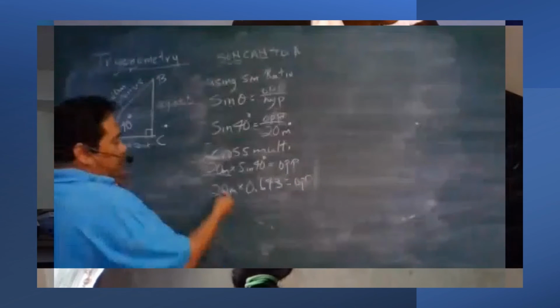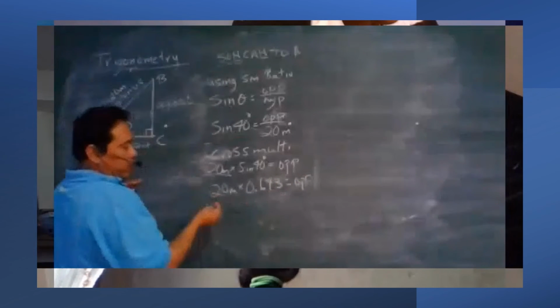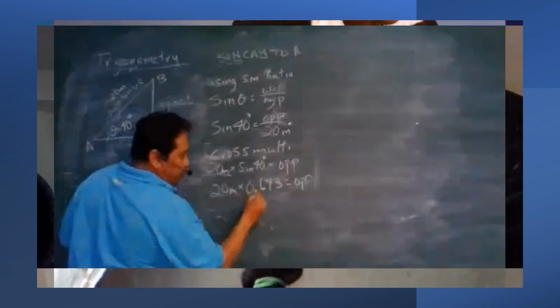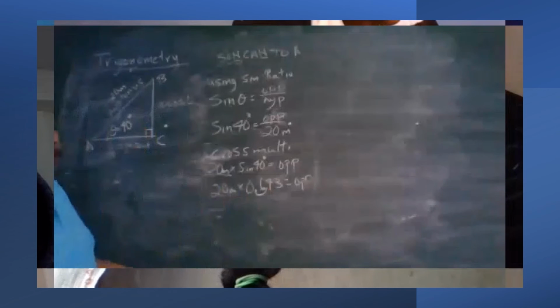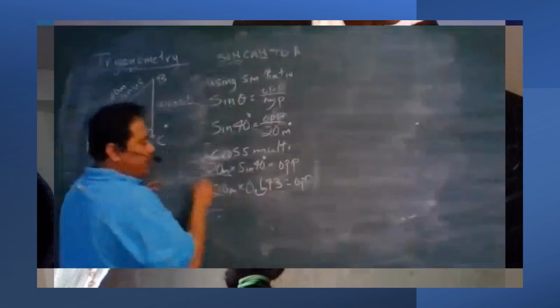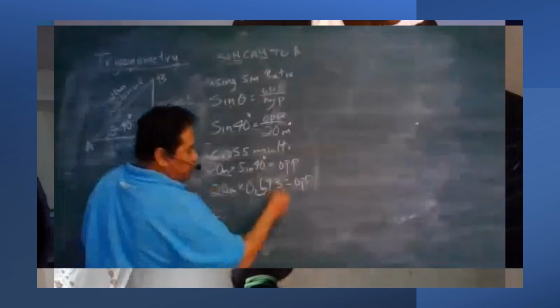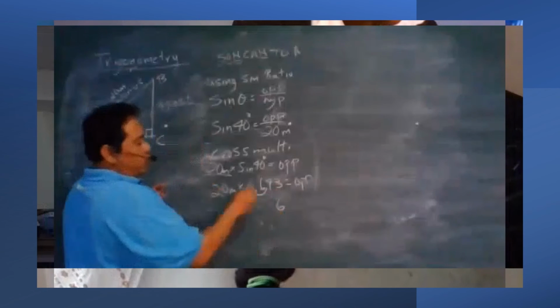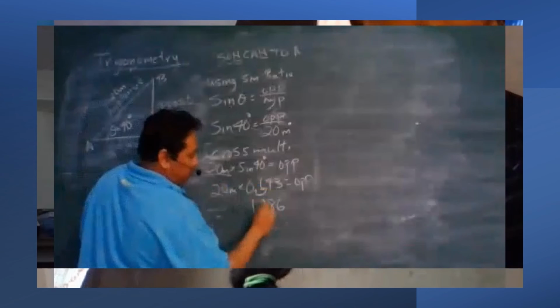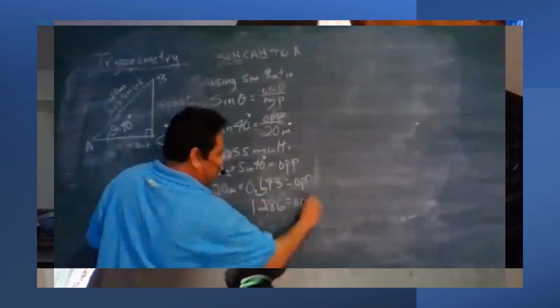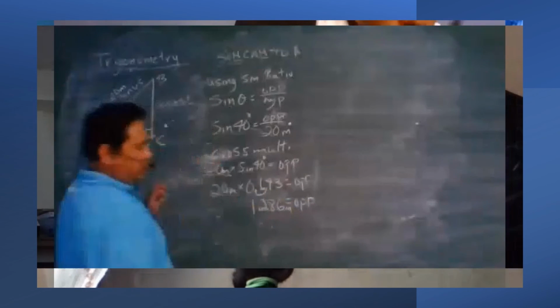So if I want to multiply this by 20, I'll move one decimal place backwards so as to cancel the 0, and I'll multiply this by 2. So 2 times 3 is 6, 2 times 4 is 8, 2 times 6 is 12. But of course this is meters.